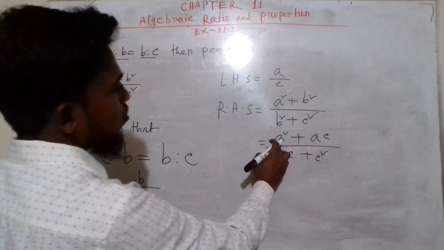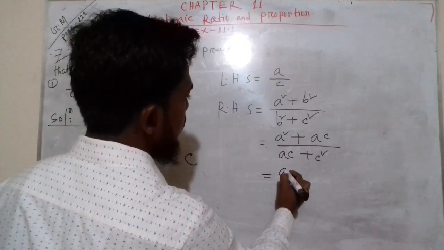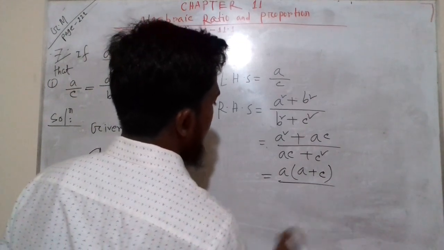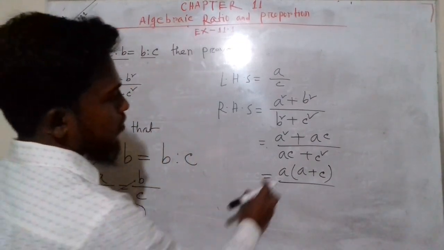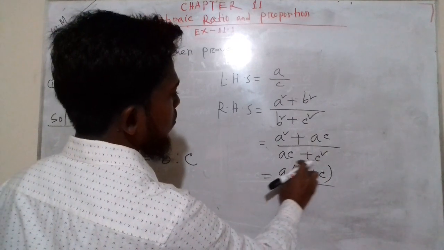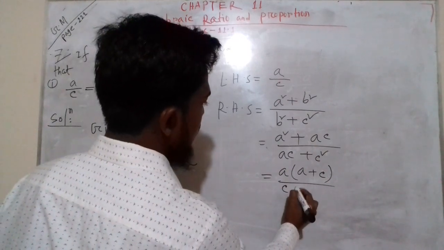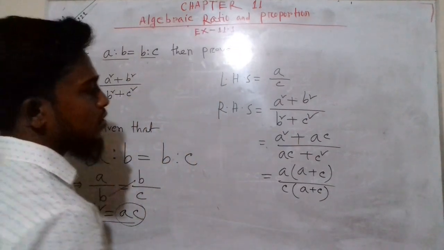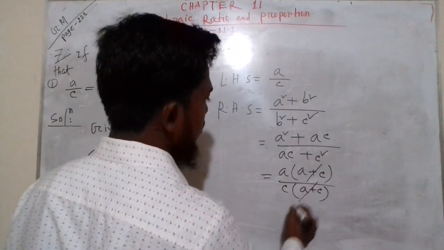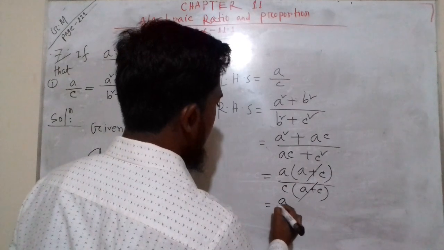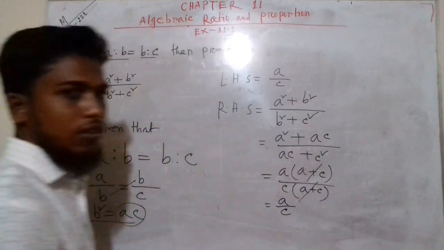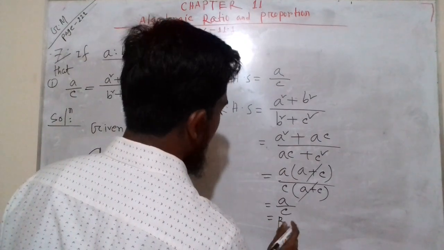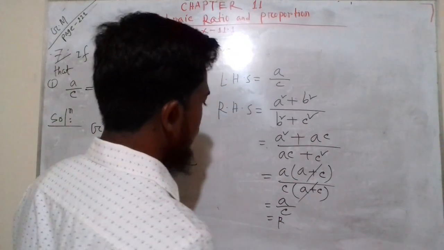Now we take common A, so A times A plus C, divided by, now we take common C, C times A plus C. So we cancel A plus C upon A plus C. This equal to A by C, equal to left hand side.